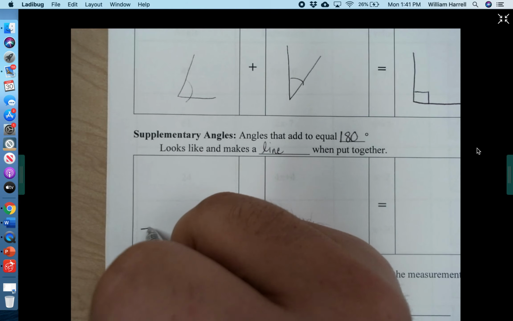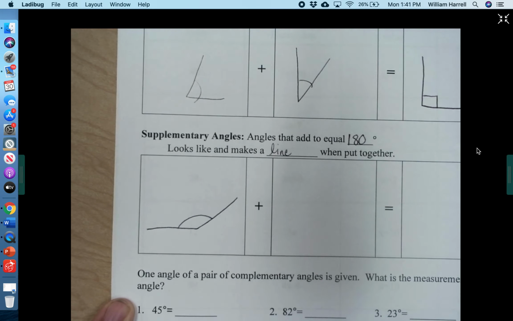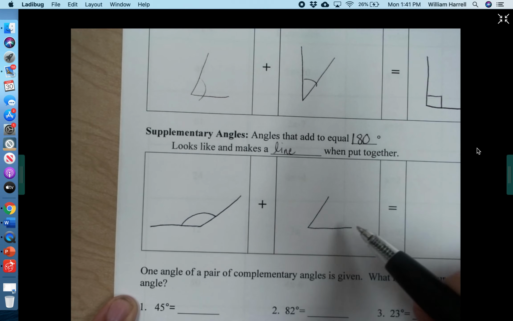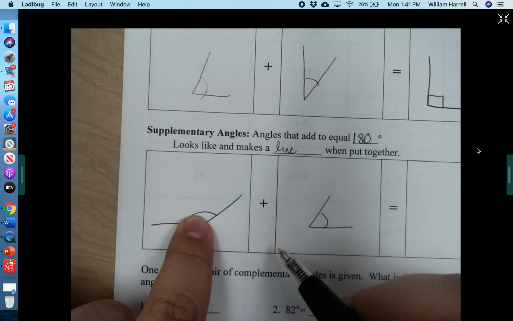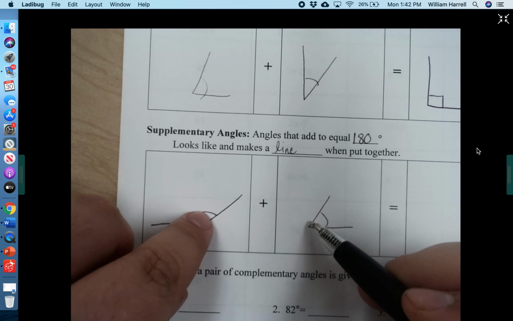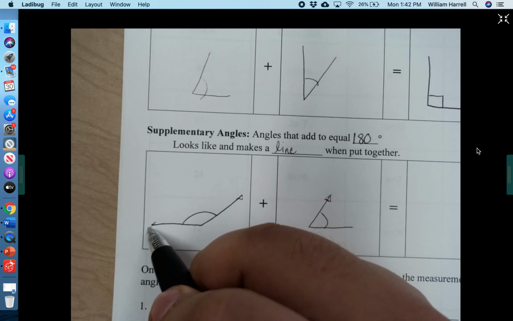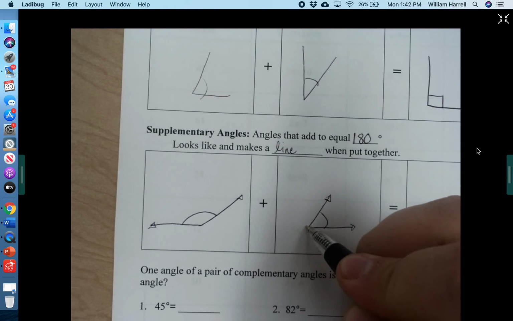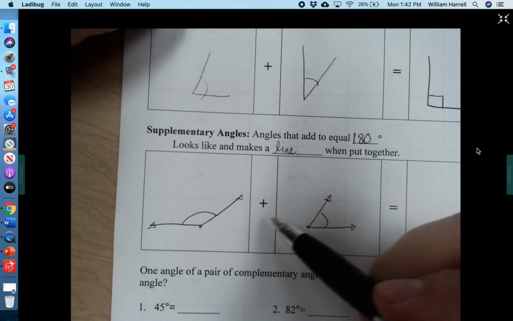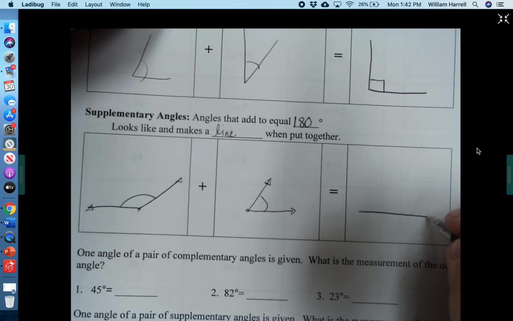So I have a very big angle, and now I need the smaller portion of the angle so that when I put this and this together, its common ray, that it's shared by, essentially goes away, and then you have two rays that connect, again, just making a line.